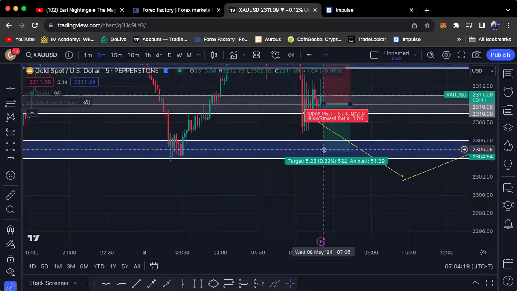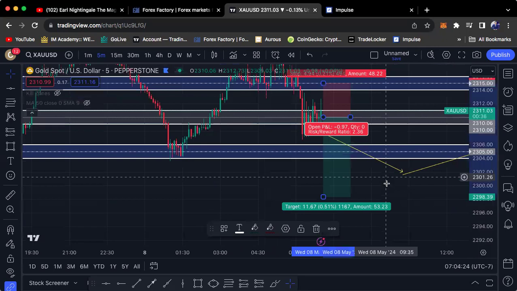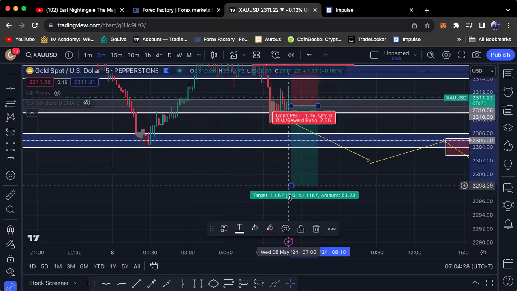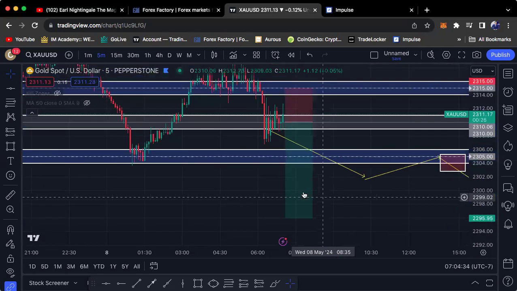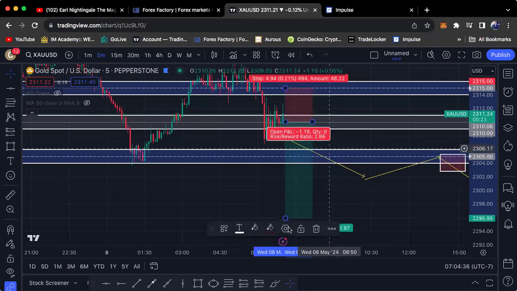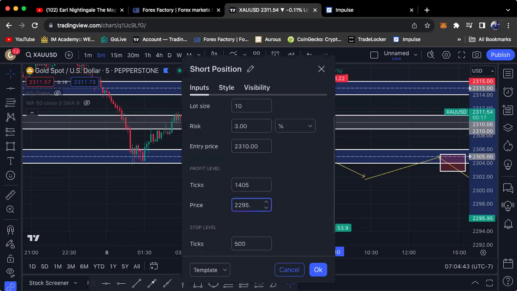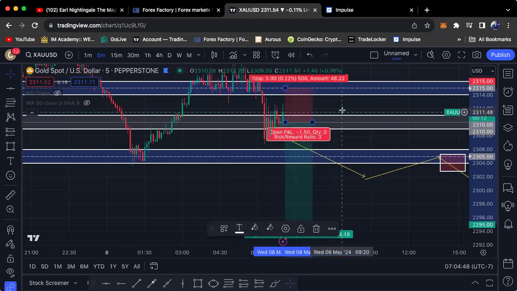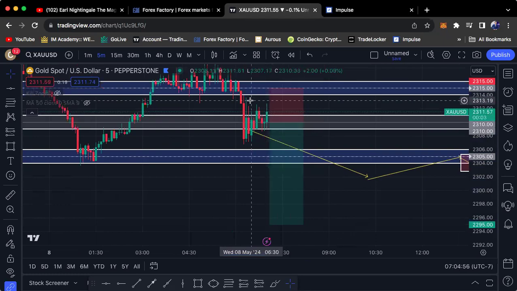So if I were to enter this sell, I'd ride it all the way down from 23.10 to 22.95. That's a 1-to-3 risk to reward. If I were to enter here, I would have been in drawdown. You see that?